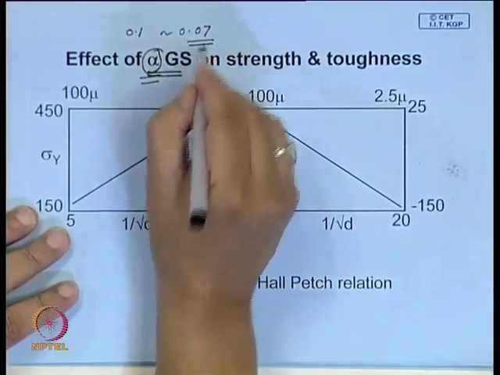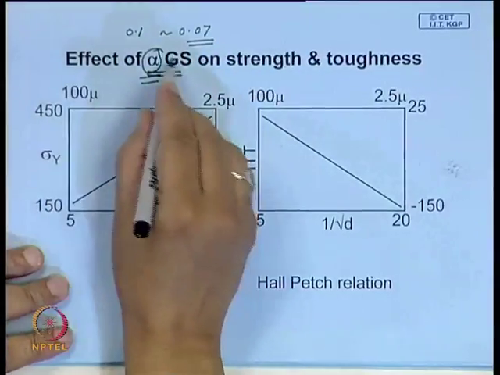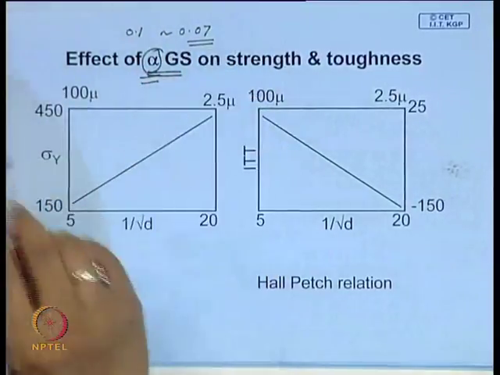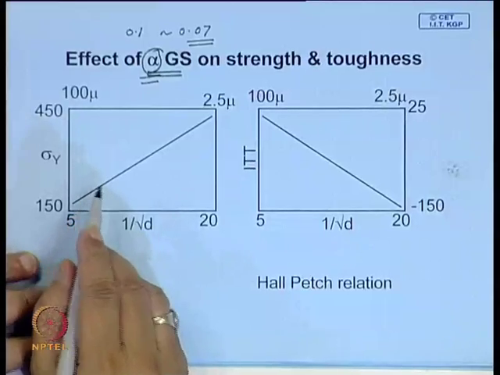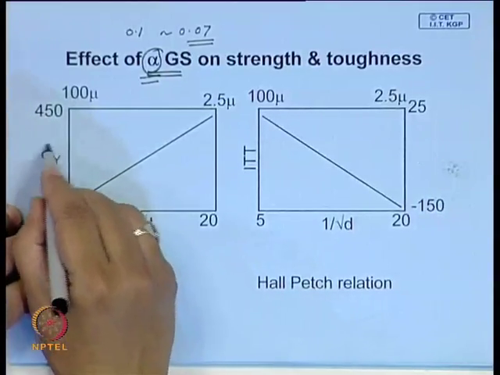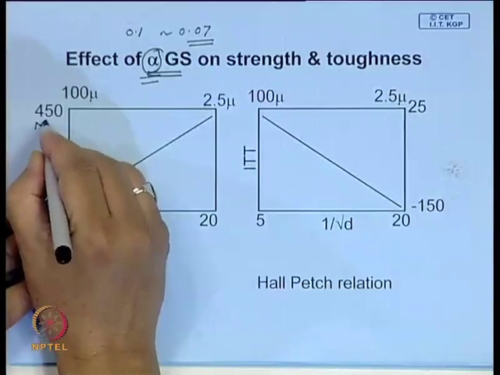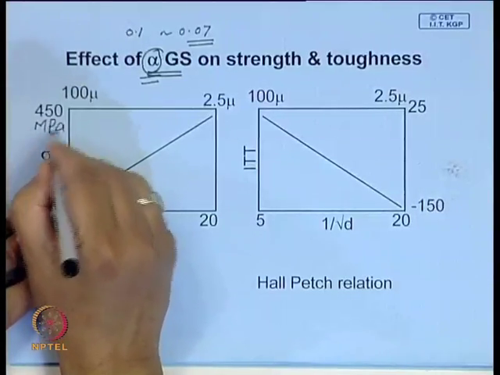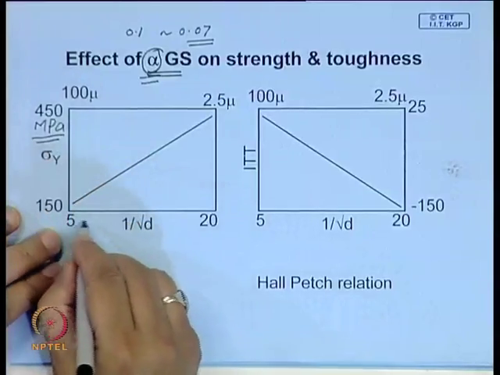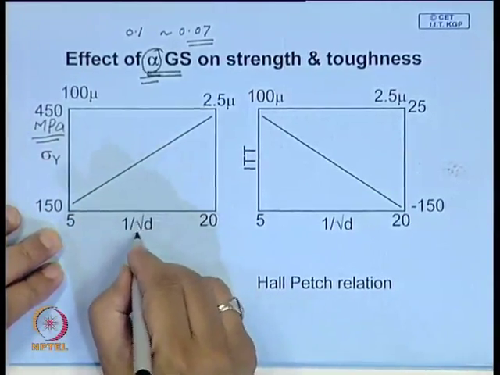These grades have become quite popular. So this microstructure will be mostly ferritic, and this diagram shows how the yield strength in MPa is likely to vary when we vary the grain size, and this axis is 1 over root d.